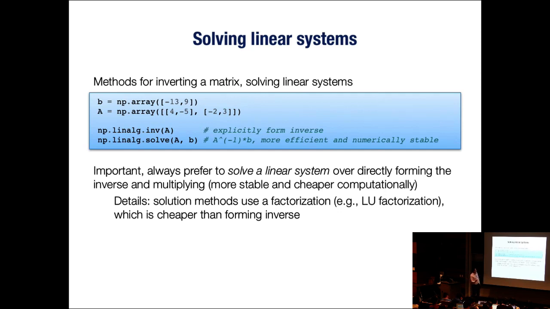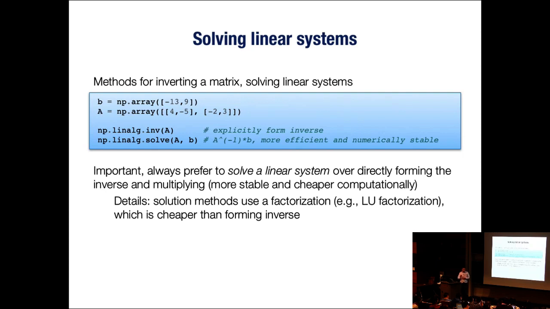Right? And I can form those inverses with the linalg.inv function. In general, though, you do not want to call that function unless you have a very, very good reason for it. Instead, whenever I want to solve a set of linear equations, you should use the solve call. linalg.solve, where you pass the matrix and then the right-hand side that you want to solve for.